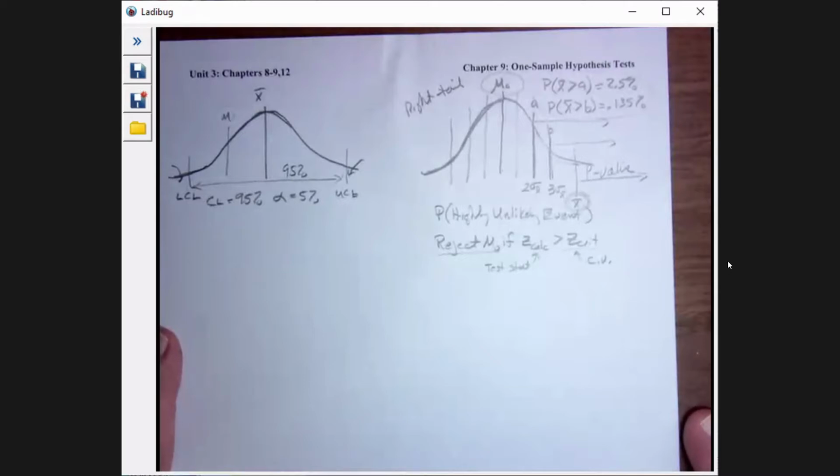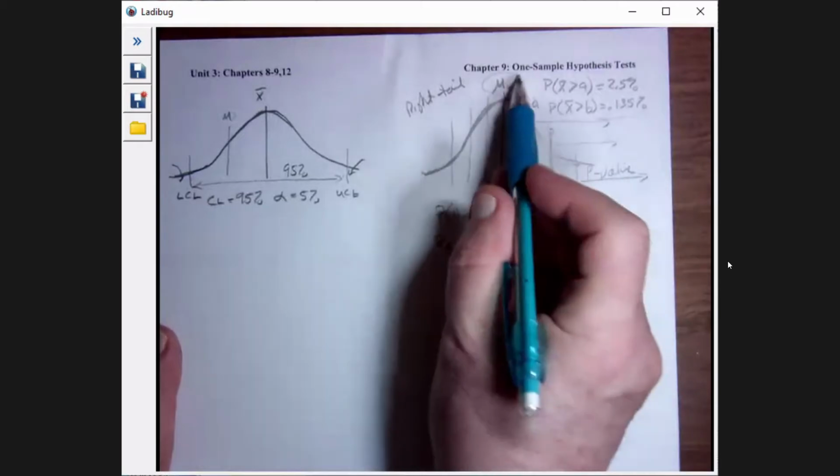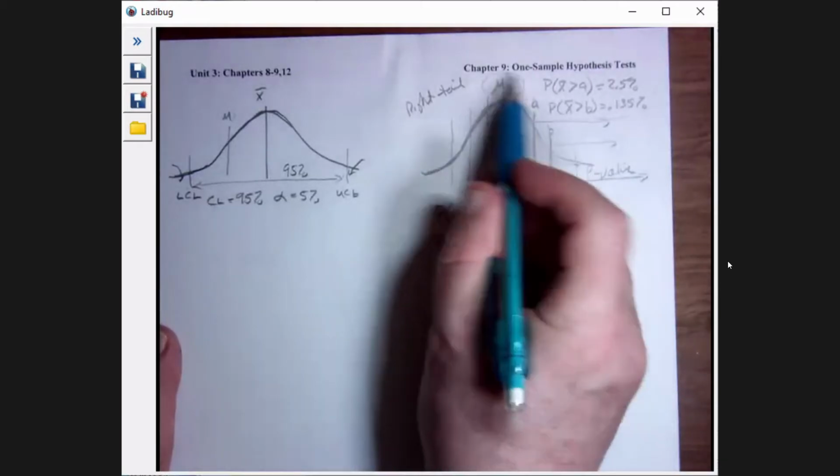And if you didn't get it by chance, then you got it because it's meaningful. So a small p-value means a high chance that the null hypothesis is wrong, so you can reject it.